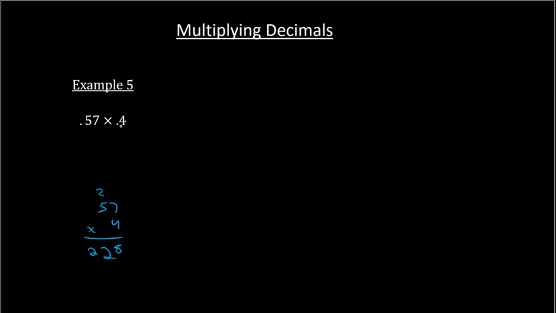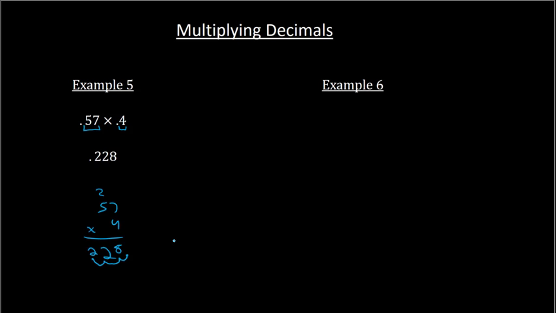Well, we had one digit here after the decimal point and 2 digits here after the decimal point. So total, there were 3 digits after the decimal points. So that means we move the decimal point in our answer 3 places to the left. 1, 2, 3, which gives us 0.228.